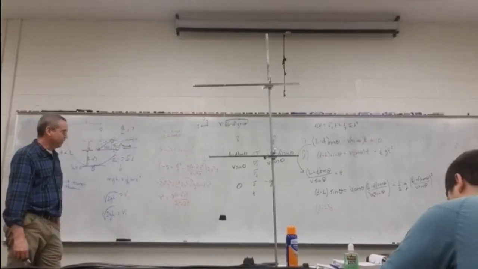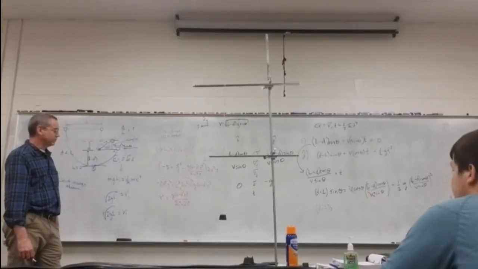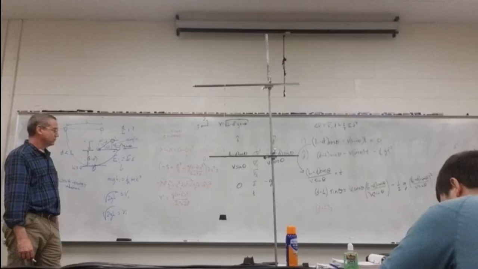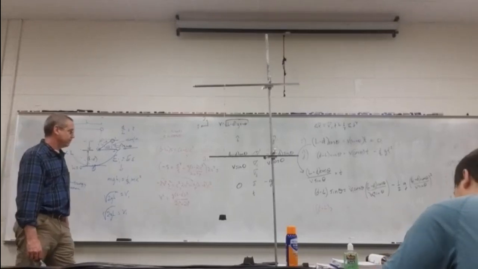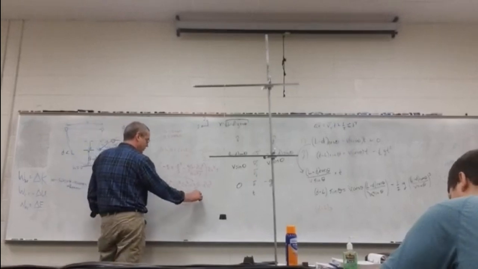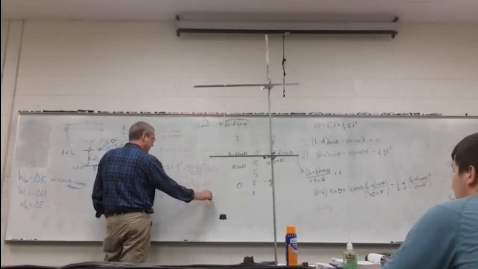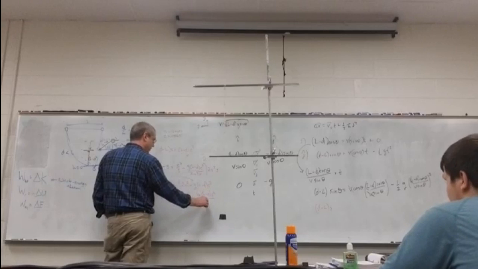There we go. That looks nice. Which is G L minus D cosine squared over 2.